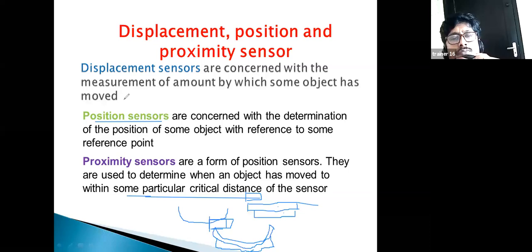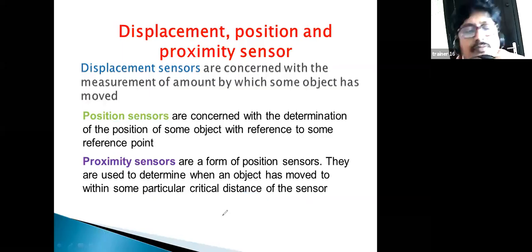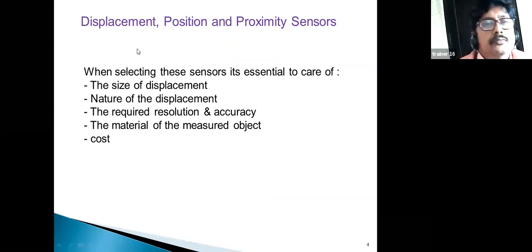So like this. Now we will discuss displacement, position, and proximity sensors.